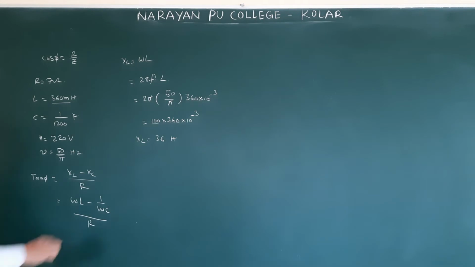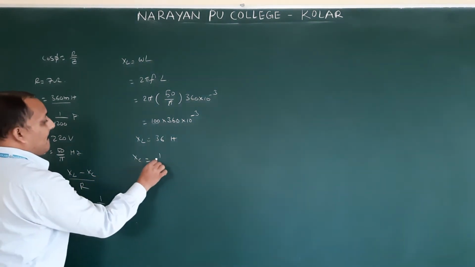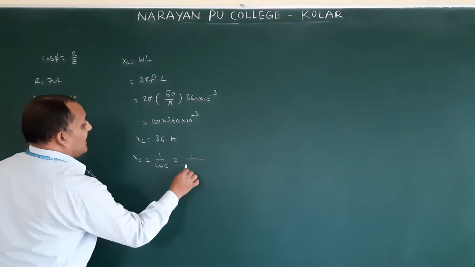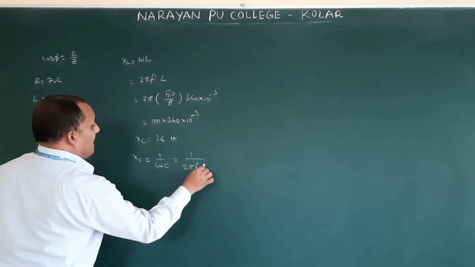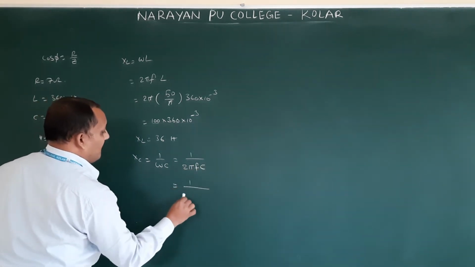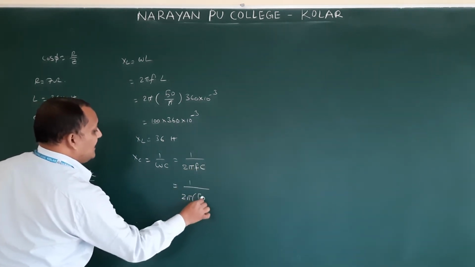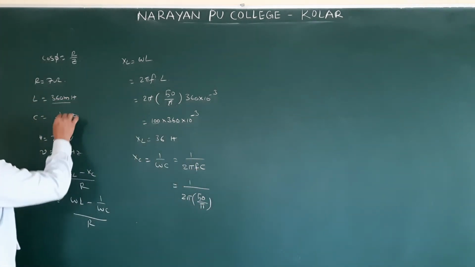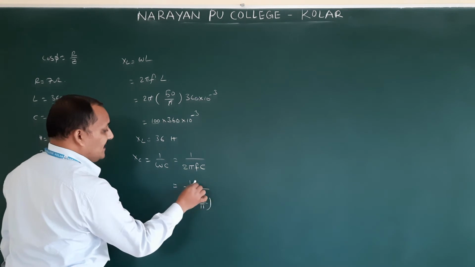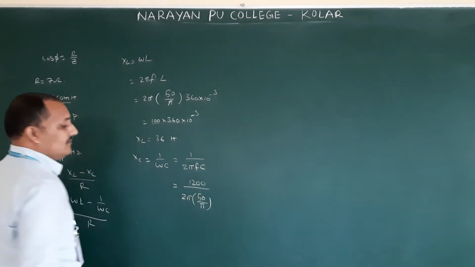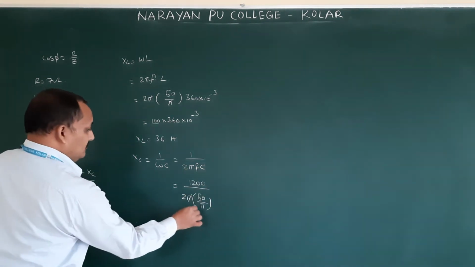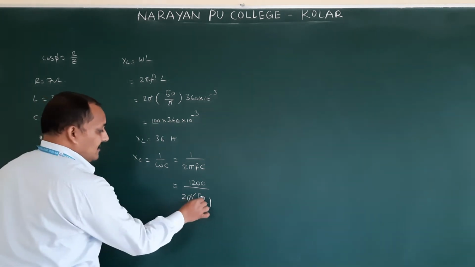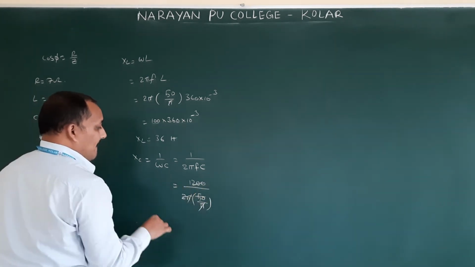That is XL. XC is 1 by omega C. Frequency is 50 by pi. C value they gave is 1 by 1200. 1 by 1200 means it goes to the numerator. Correct or not? Pi cancels. 15 into 100.